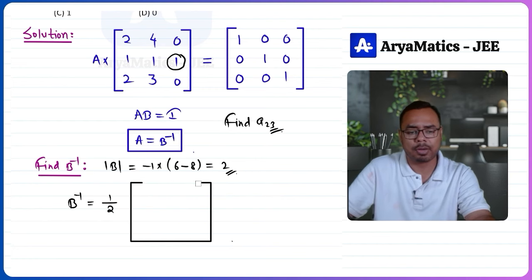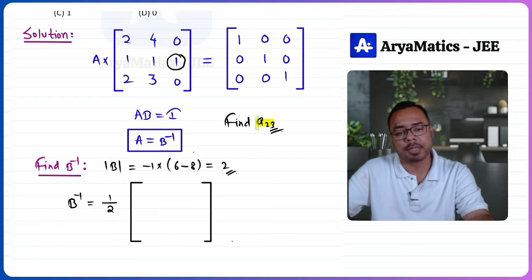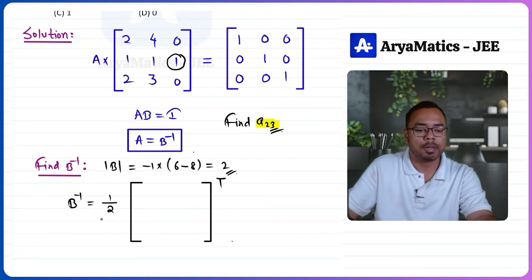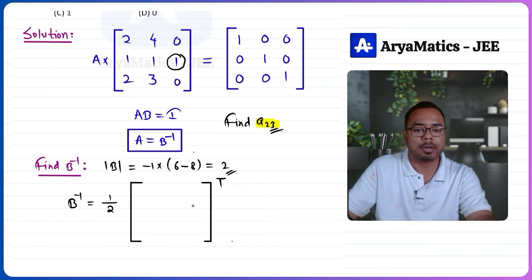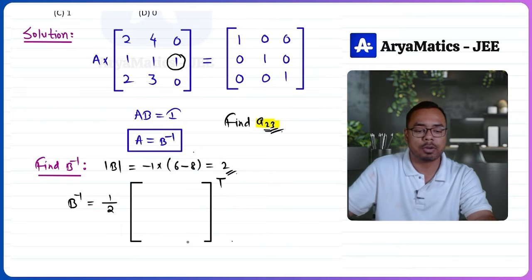Here we are not going to calculate all the elements because we are interested only in one element. So B inverse will be adjoint of B divided by determinant of B, and adjoint is the transpose of the cofactor matrix. And for matrix A, we need the element of second row, third column, right?